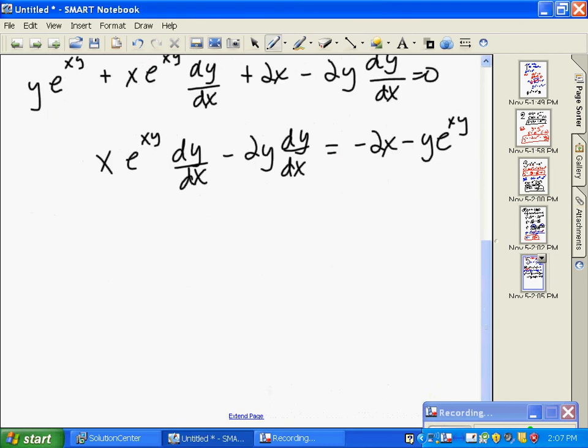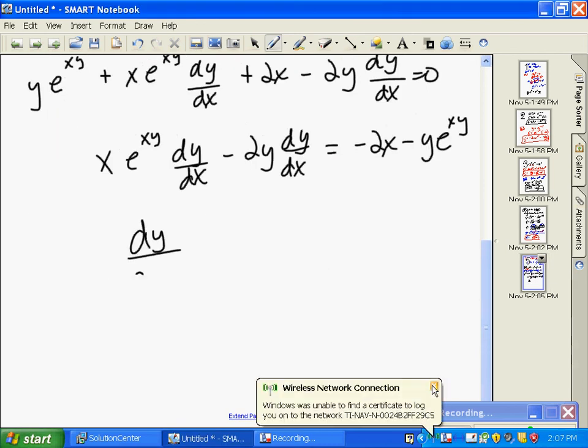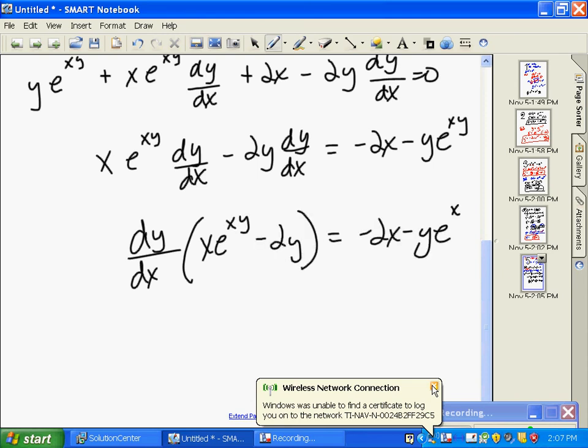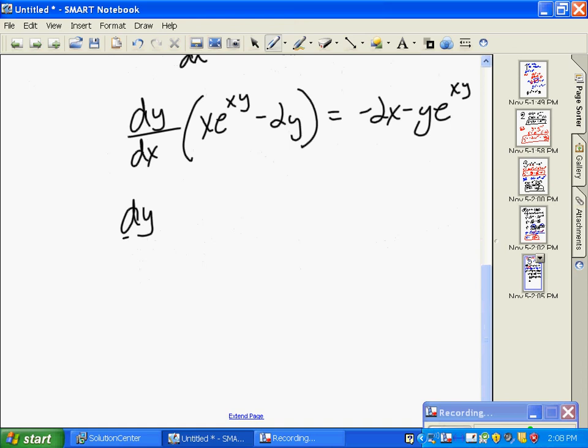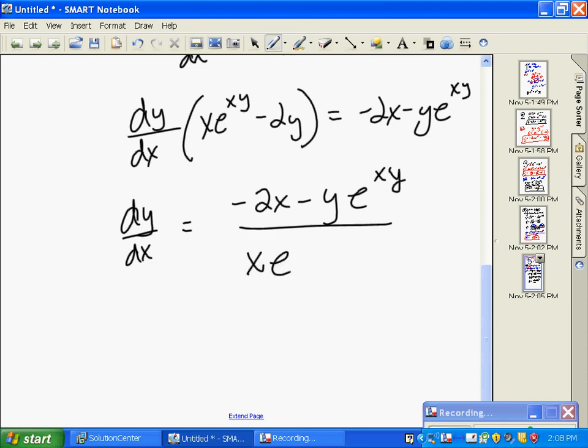Now, if I were doing this on my homework, I probably would have factored out the dy dx on that last step at the same time. So then I can see to get dy dx by itself, I'm going to divide both sides by that quantity, so I get a negative 2x minus y e raised to the xy power all over x e to the xy power minus 2y.